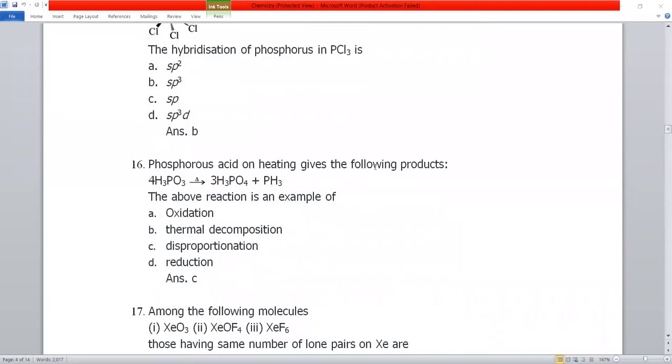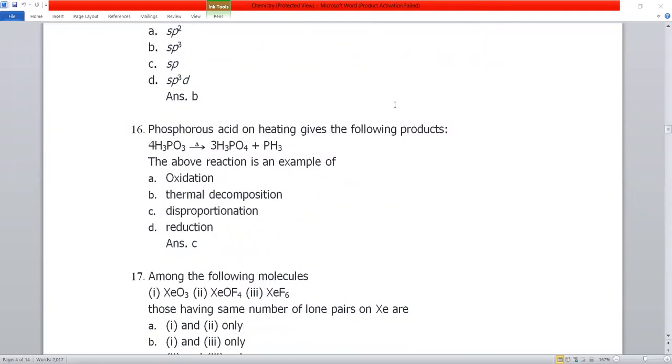Next, question number 16. Orthophosphoric acid on heating gives the following products. The above reaction is an example of what? Let's check. This is a disproportionation reaction, students. H3PO3 is converted to H3PO4 and PH3.